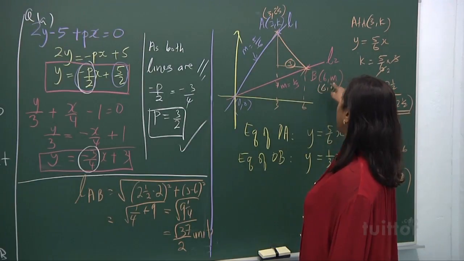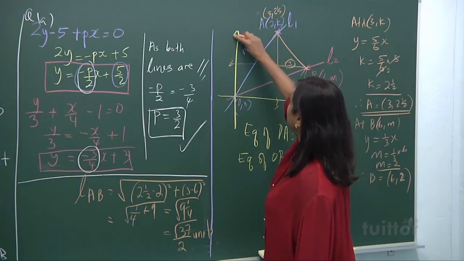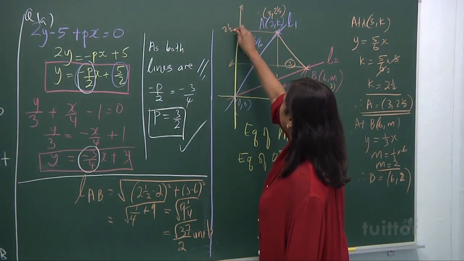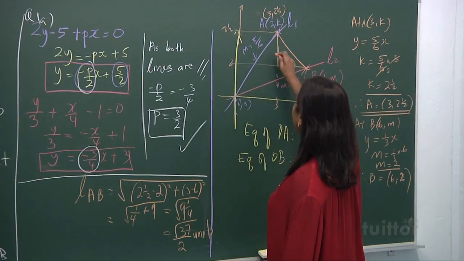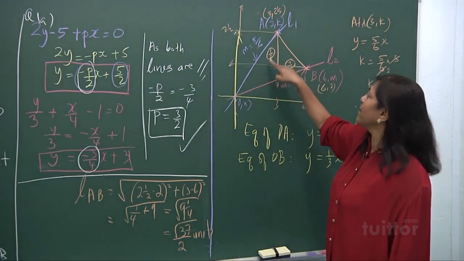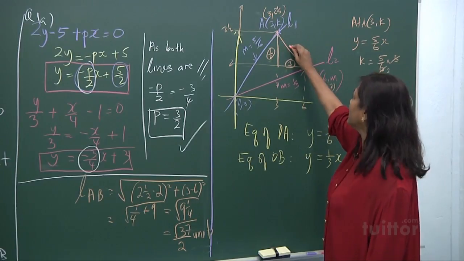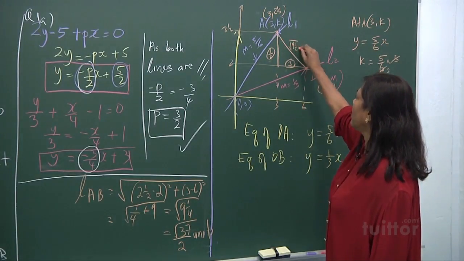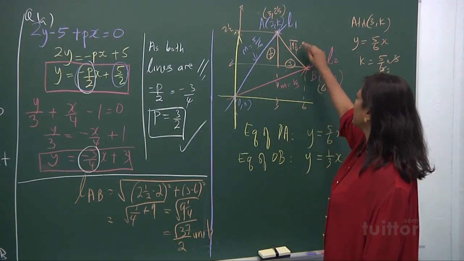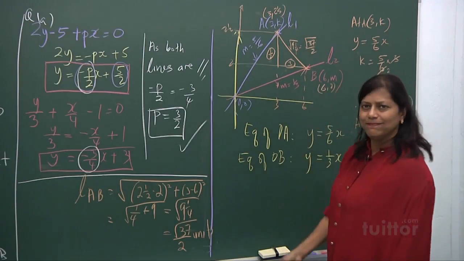Your M here is 2 and your M here is 2.5, so the distance here is a half. So you find the sum of the squares: 9 plus 1/4 is 9 and 1/4. The square root of that is the length of AB, which gives us 36 plus 1, so the square root of 37 over 2.